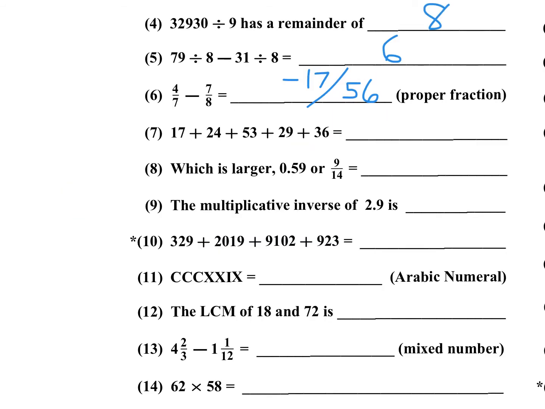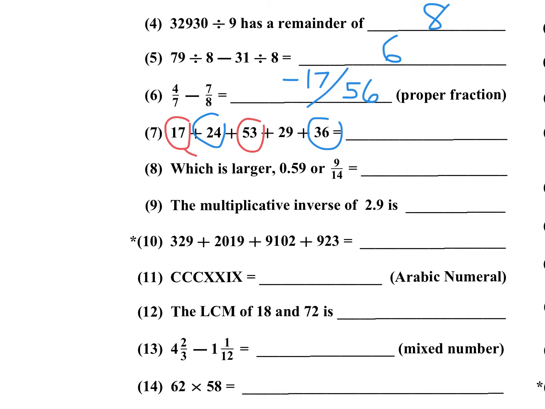The next one is number 7, where you're adding a series of numbers: 17, 24, 53, 29, 36, and I don't see a pattern in those numbers. However, you could look for compatible numbers. So compatible numbers would be like 24 and 36. And also you could have 17 and 53.